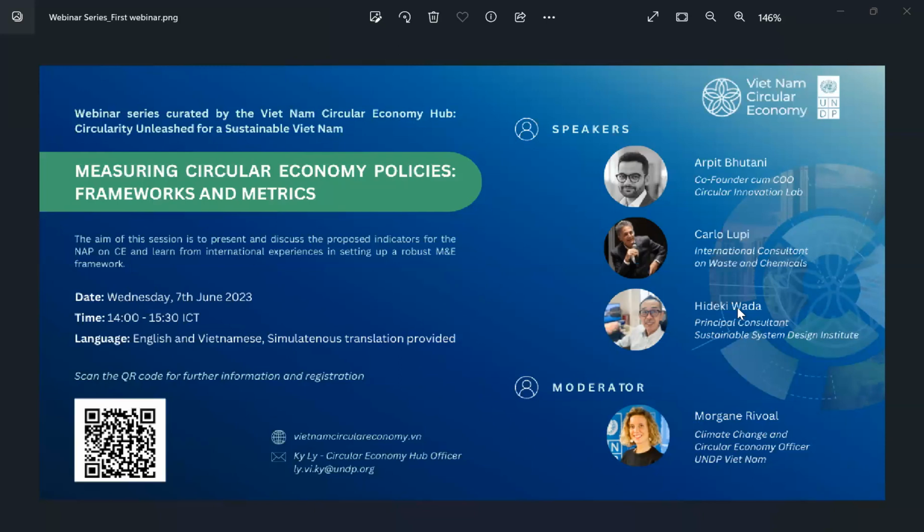We also know that we are facing challenges related to the collection of data, the analysis of data, and the sharing of data between different departments. So all of these constraints have to be taken into consideration as we move forward with the formulation of the NAPs. So once again, we would like to warmly thank our three speakers for the very insightful presentation.